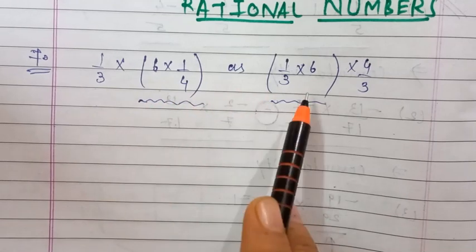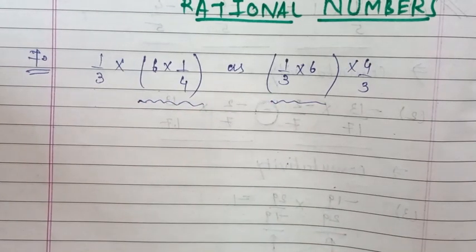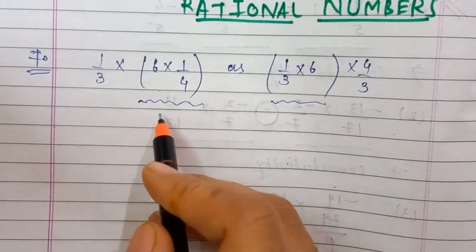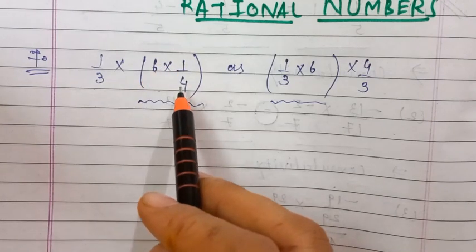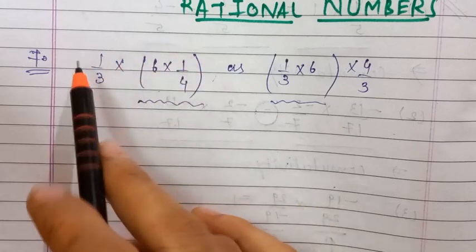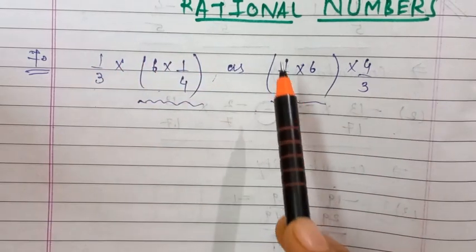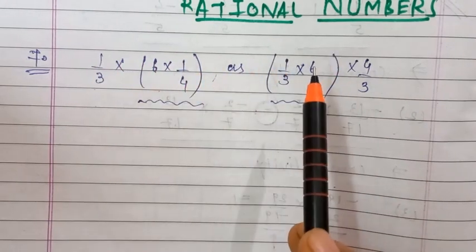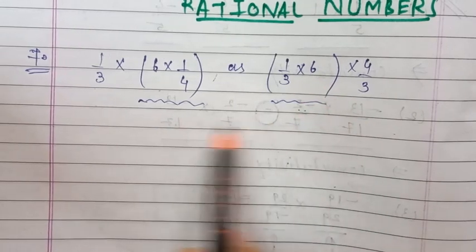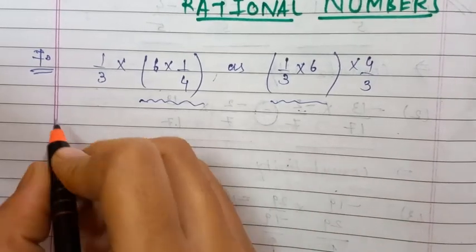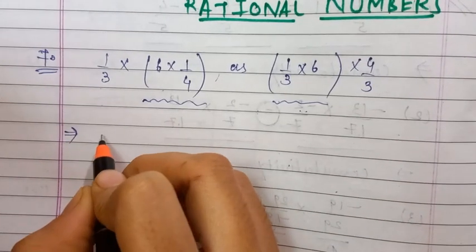The 3 numbers are the same, but the grouping of multiplication is different. Here first we multiply 6 and 1 by 4, then we multiply it with 1 by 3. Here first we multiply 1 by 3 and 6, then we multiply this with 4 by 3. So which property is this?